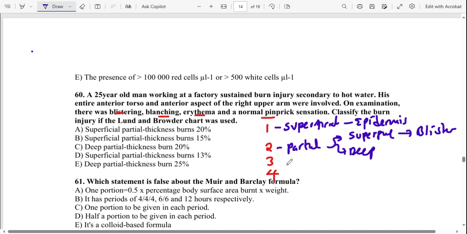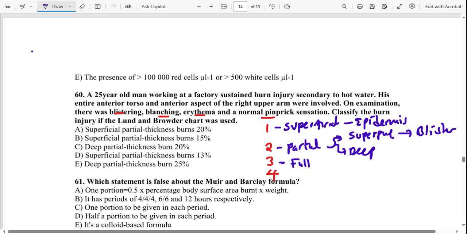When it comes to the third degree, we call these full thickness burns. It goes all the way, covering the epidermis, the dermis, and also the hypodermis. There are no blisters really for this one, and there is no pain because the skin has all gone and the nerve endings have been taken away. The skin is going to look leathery and brownish or black.